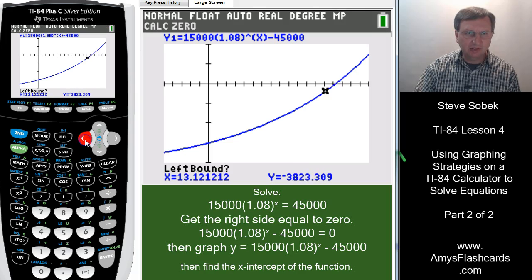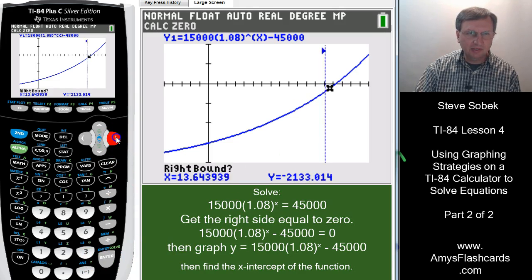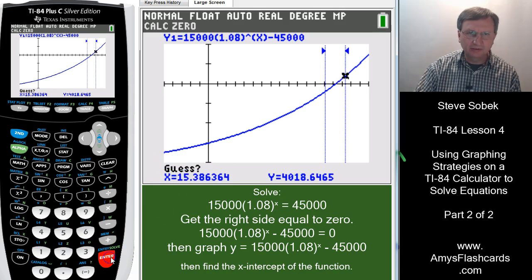We have to establish a left bound, so we go somewhere to the left of that point and hit enter. And then we move somewhere to the right of that point, and it's prompting us for the right bound. Hit enter. So now the calculator knows that we're seeking to find the 0 of the function between these 2 boundaries.